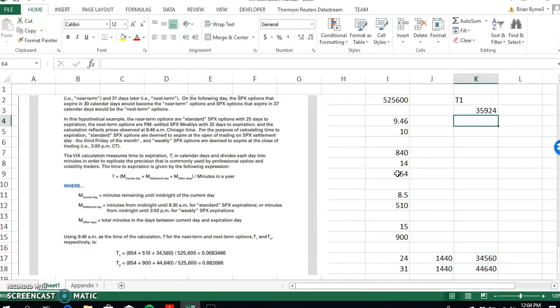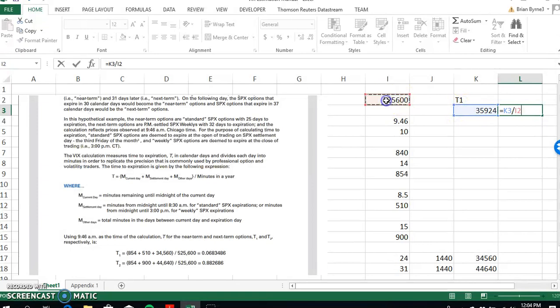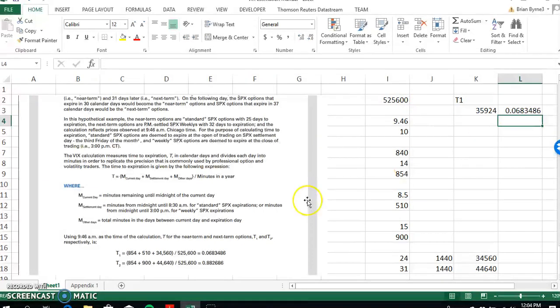And when we take that figure and divide it by the number of minutes in a year, we get 0.0683.